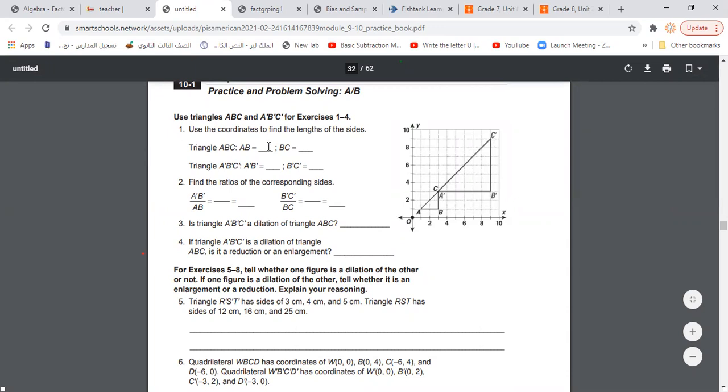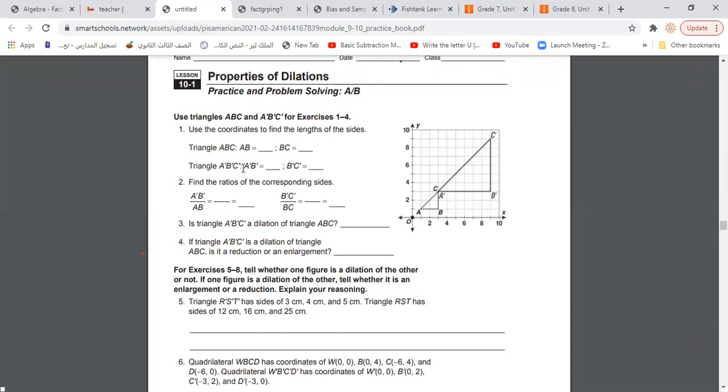So we have AB equal 2, BC equal 6. Sorry, I'm so sorry. We said AB was 2 and BC also was 2. We are talking about the original triangle. Then AB was 2, BC was 2.